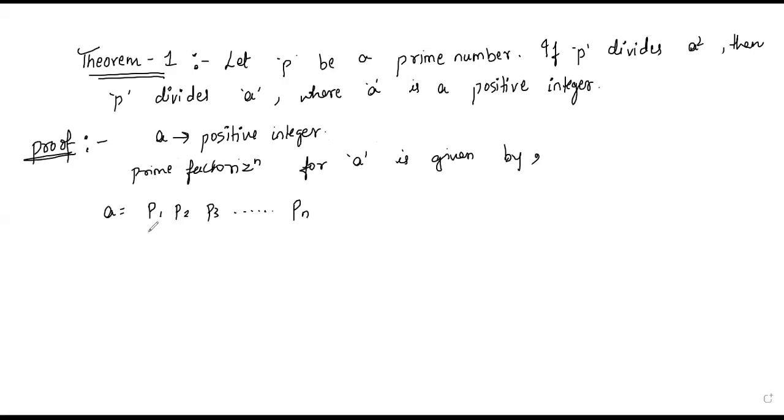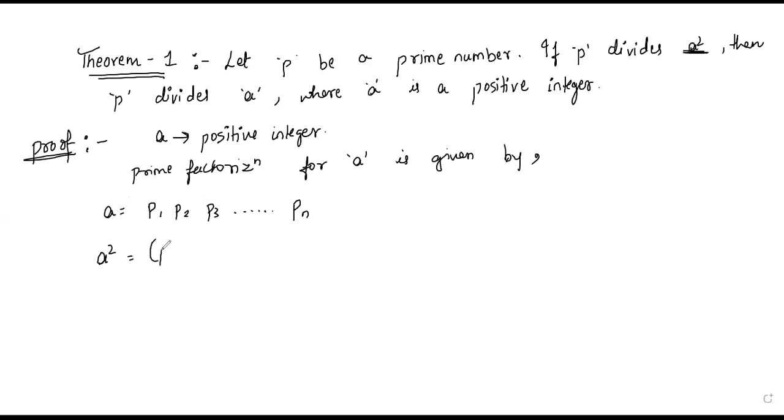Because p is a prime number, the prime factorization is given by p1 into p2 into p3 up to pn. Now we want a square, correct? a square is nothing but we multiply the value of a two times.